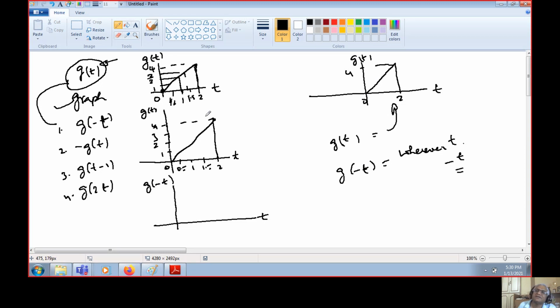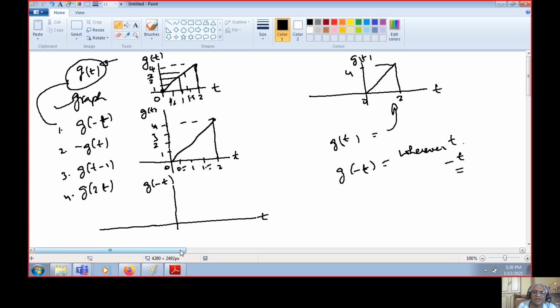When a graph is given, how do we put -t in a graph? We can't. So we have to understand what is the value of g(-t) for different values of t, by substituting the values here, finding out the time, and then what is the value of g(t) at that particular time. So we need to do that calculation.